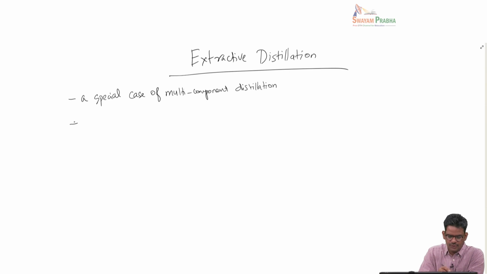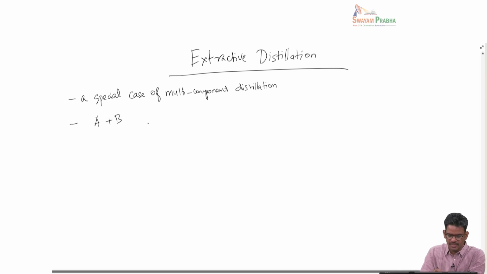In this case, what we do is, to the binary mixture A plus B having very low alpha, we add a solvent.